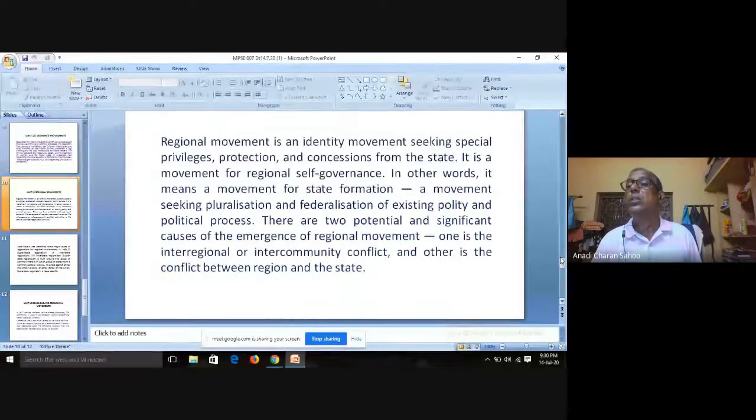Out of these, we have today as many as 31 demands for statehood and sub-autonomy arrangements. They are Maru Pradesh in Rajasthan. Demands are Bundelkhand, Purbanchal, Bhojpur, and Harit Pradesh or Jharkhand in Uttar Pradesh.